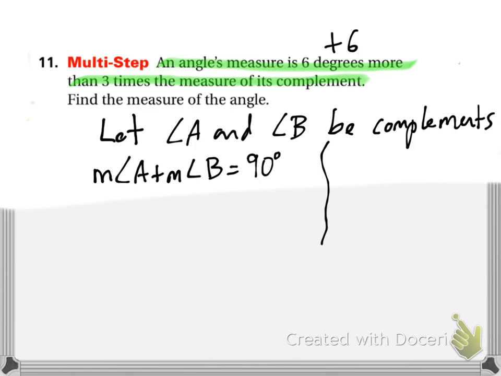Okay, so let's just pick one of these, either A or B, to be having a measure of x degrees. Let's just pick A because it comes first. Let's let that one just be x degrees.